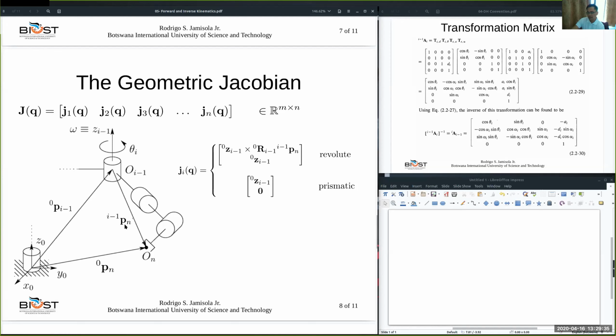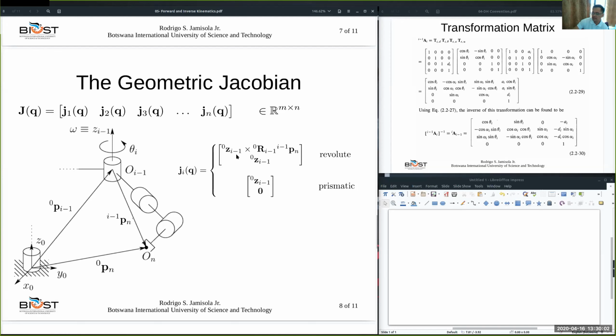But then it's expressed based on this reference frame. In order to change the reference frame from frame i-1 to frame 0, we multiply it with a rotation matrix. Okay, so now this position vector is expressed with respect to the base frame.